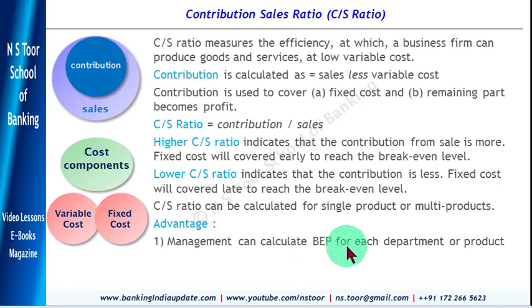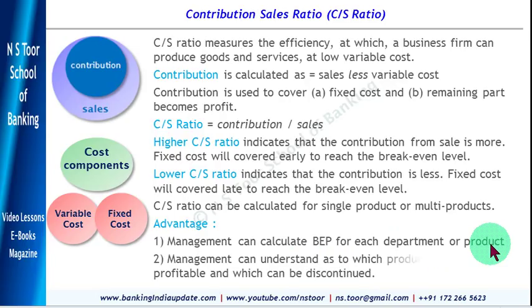So this break-even can be calculated for departments individually also, and it can be calculated for different products also. Secondly, management can understand as to which product is more profitable and which product is less profitable and which product is required to be discontinued.